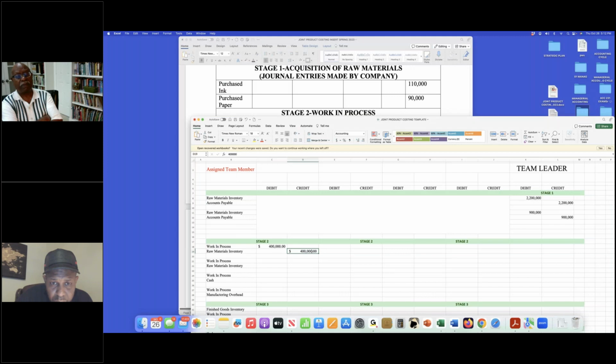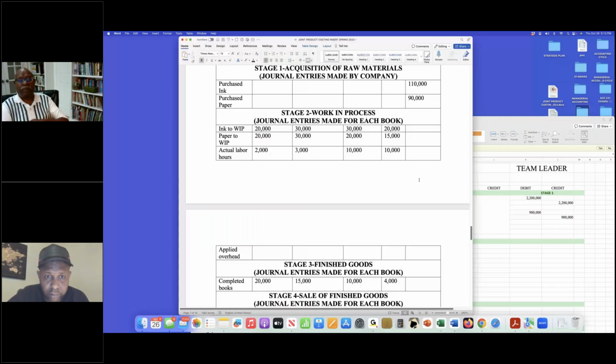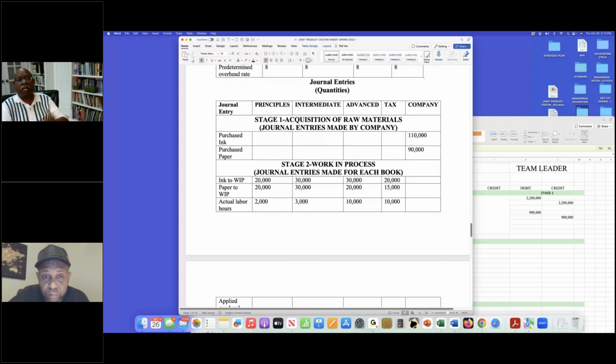Yes. How did you get the 110,000? That was given, wasn't it? That's a given. So are we calculating this stuff for our book specifically, or I'm confused. I bought the ink and paper for all 4 books. I did stage 1. You all simply have to do stage 2, stage 3, and stage 4.